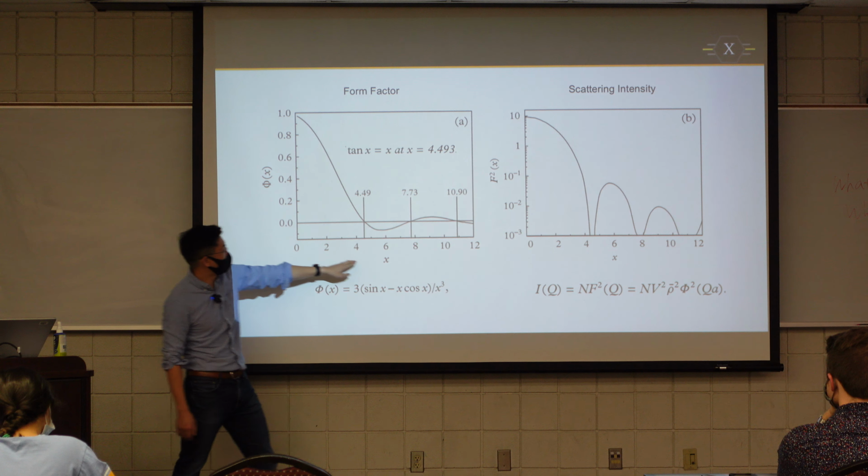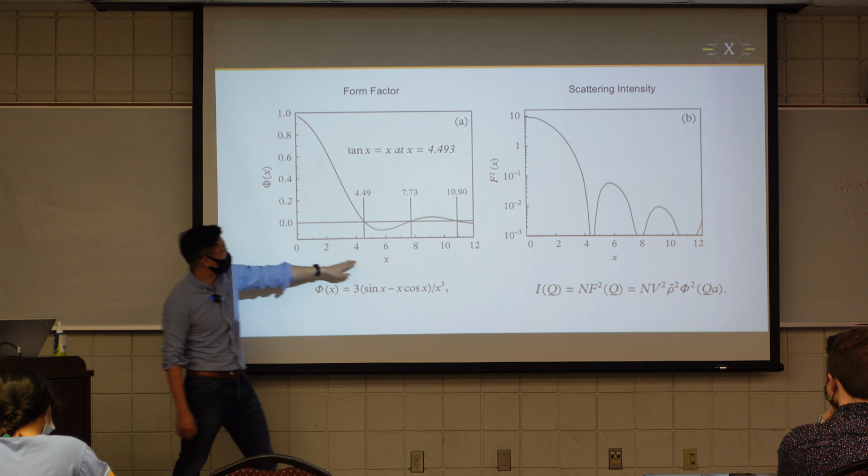In the real measurement, your background will mess up some of the fringes, so it's not going to go as low, just because there's scattering and detection noise. So it might not go to 0, okay? But this is the first dip. You can use exactly 4.49, divided by that Q, to get the radius of your particle, using this particular equation.